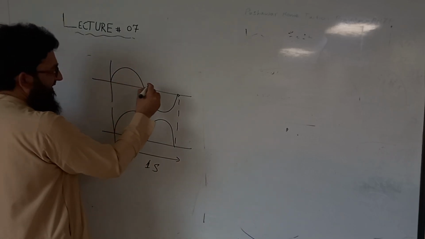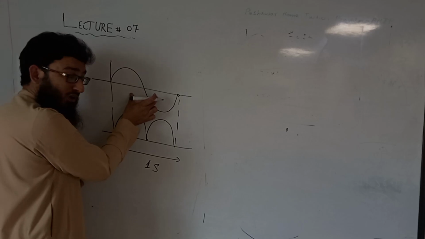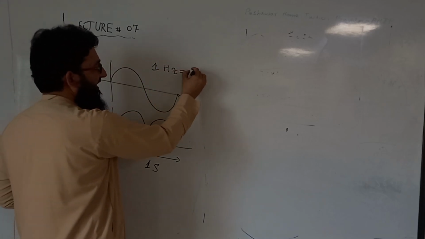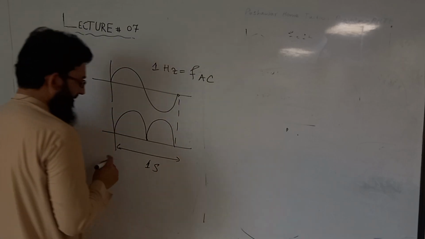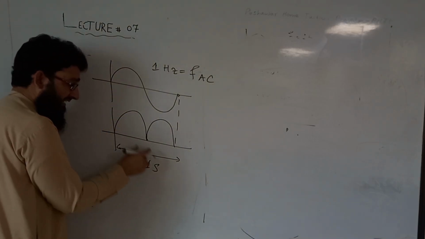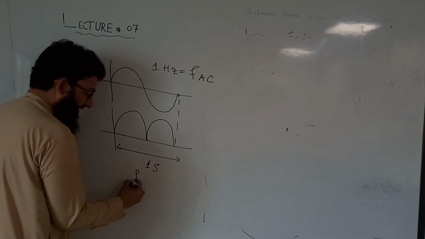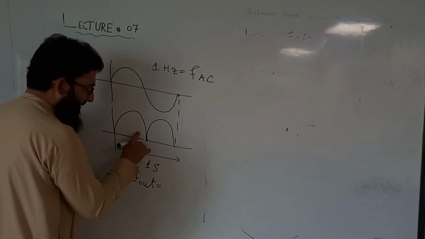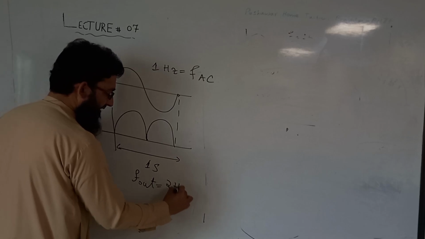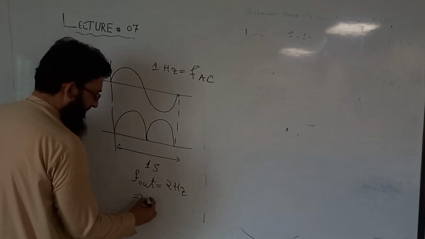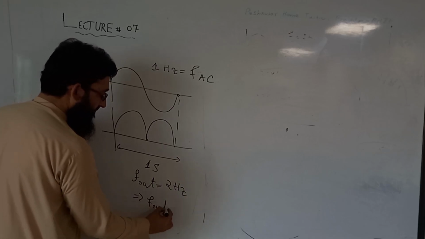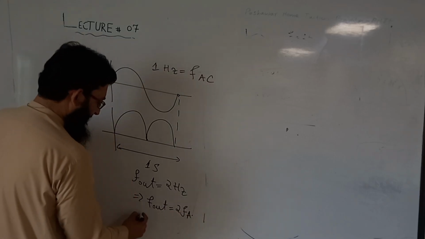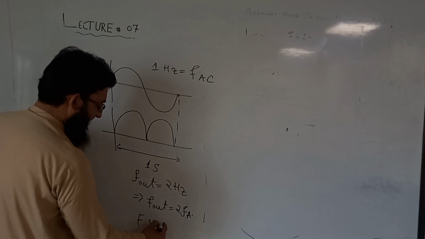So the number of cycles for AC in 1 second is equal to 1, so the frequency of AC is 1 hertz. But if we observe that in 1 second there are 2 peaks, so the frequency, the number of peaks in a unit time, is F out, and there are 2 peaks in a unit time, so the frequency is 2 hertz, which means that F out is equal to 2 times the frequency of the AC in a full wave rectifier.